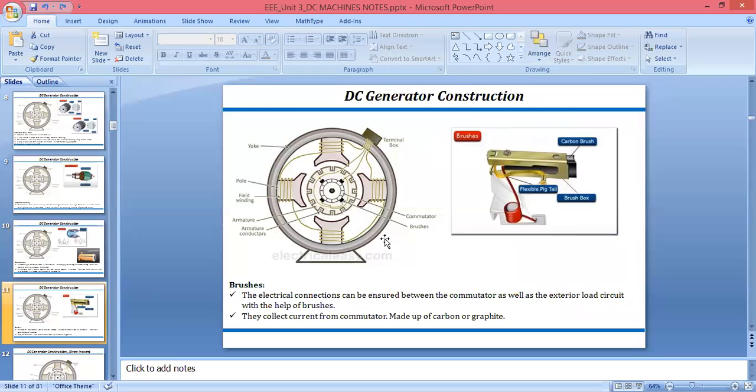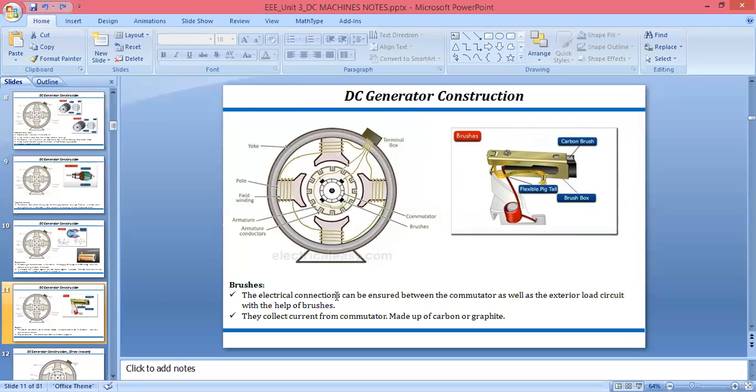Now we see about the brushes. If you see the construction, this is the armature, and on the armature there are four black parts, we are calling these the brushes.